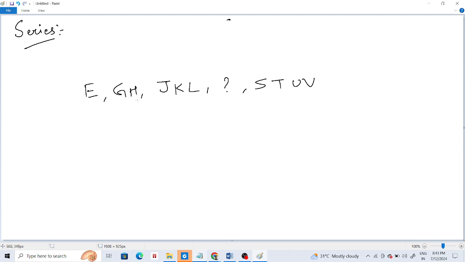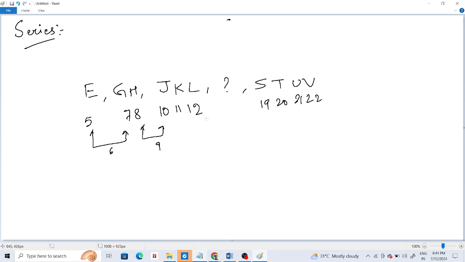Okay, so others you get. The position of E is 5, G is 7, H is 8, J, K, L are 10, 11, 12. Here we have a question mark, and for S, T, U, V we have 19, 20, 21, 22. If you see, there is a gap: 6 is missing, again 9 is missing.